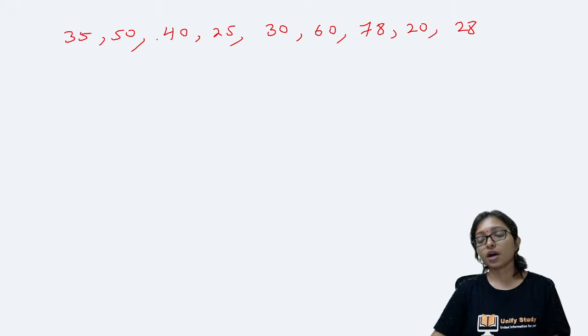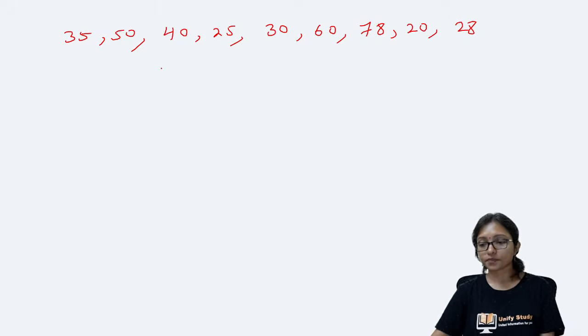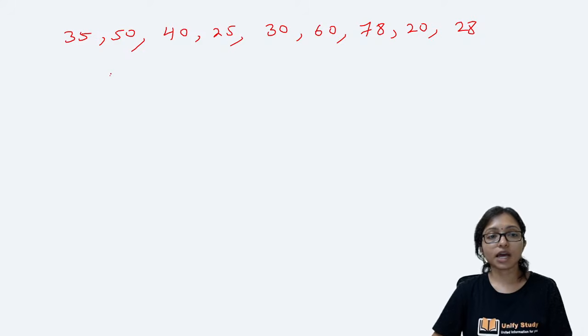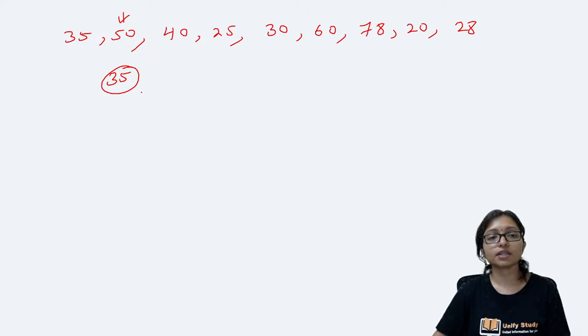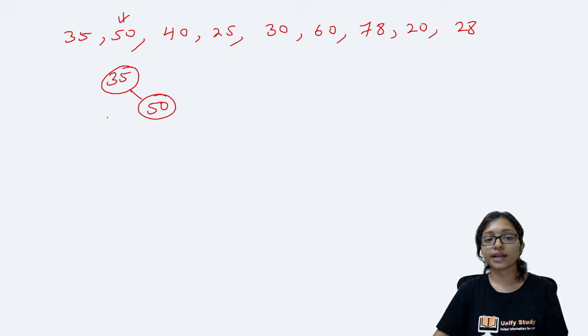Okay, so now how to do it? See that. Here first of all I will start with 35, that is the starting, and it is following the property of BST. That's why 50 will go to the right child, the right subtree.